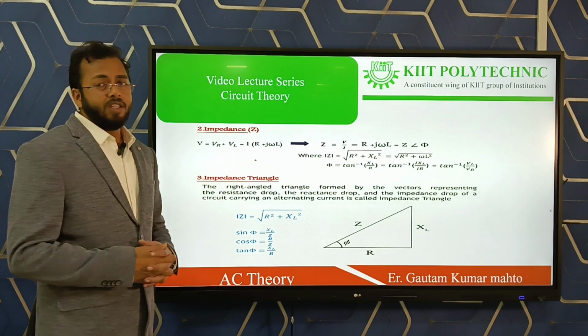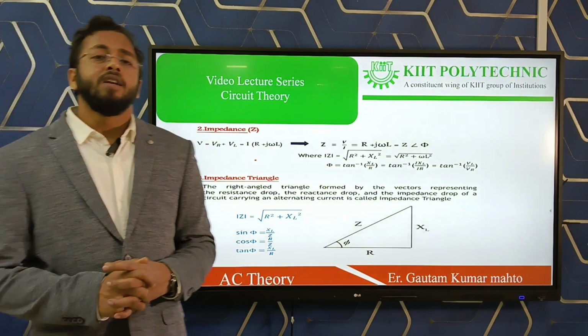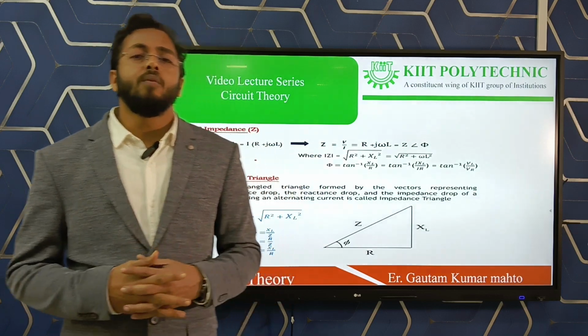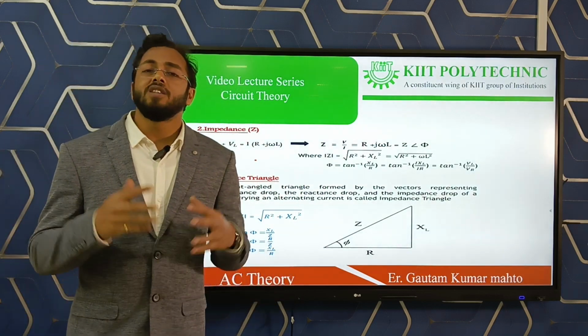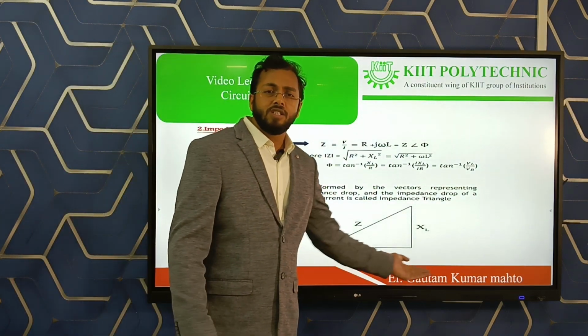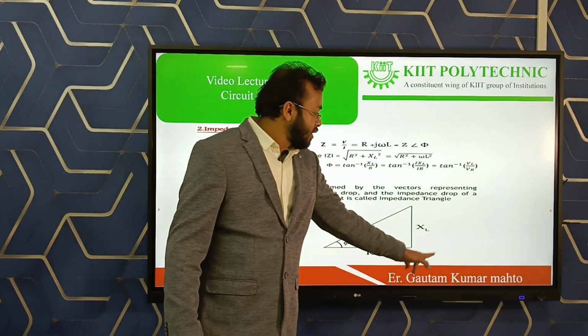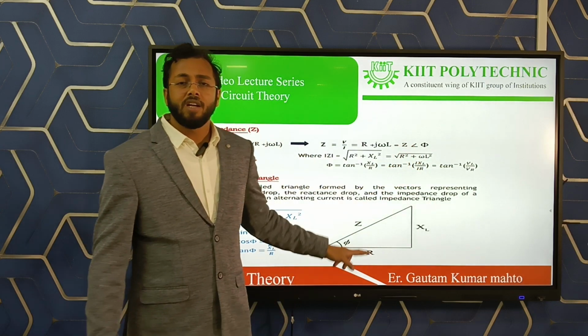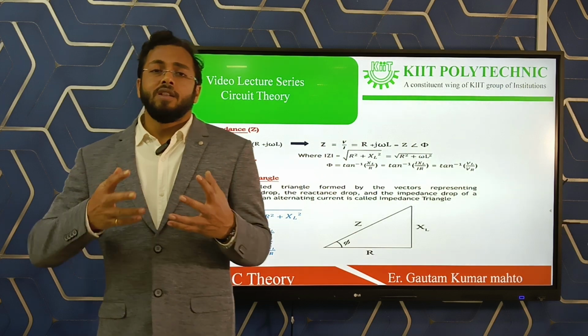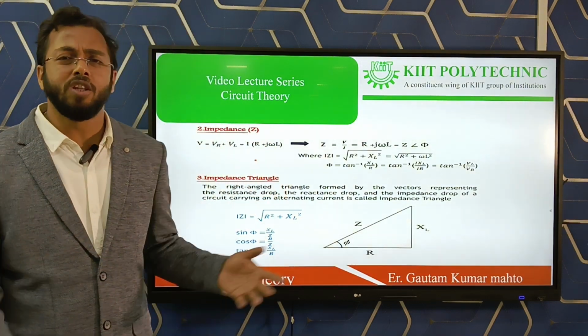In the RL series circuit, we can calculate the net impedance by taking the square root of resistance square plus reactance square, by drawing the impedance triangle. The resistor is there, and the reactance is there due to the inductor. Both are connected in series, therefore the net impedance is actually the resultant, and you can apply the Pythagorean theorem also.